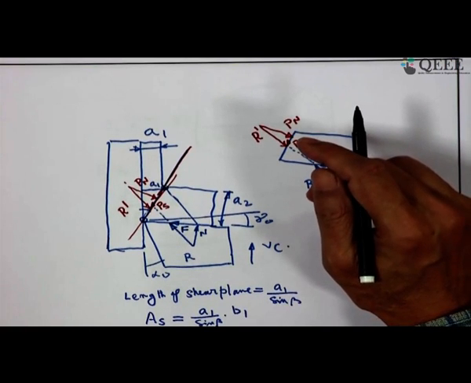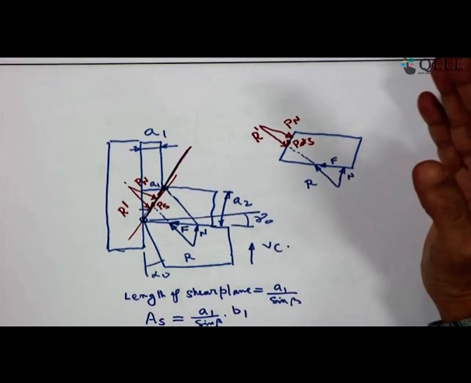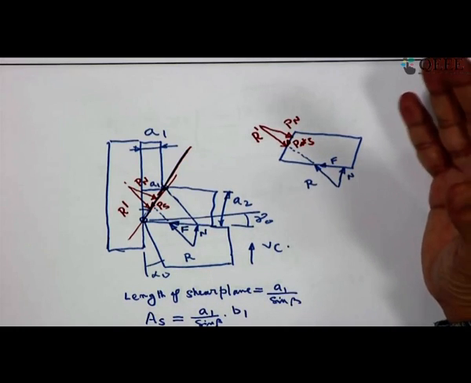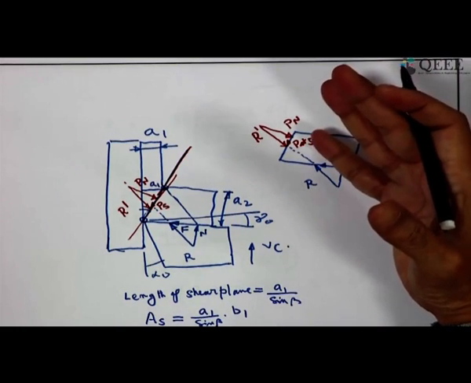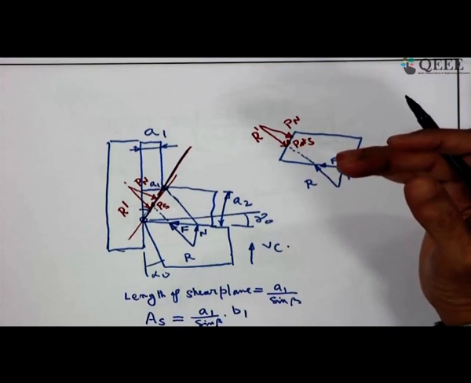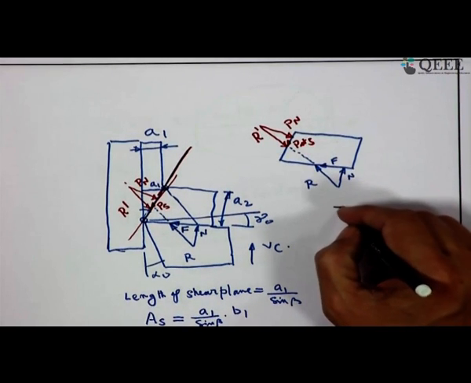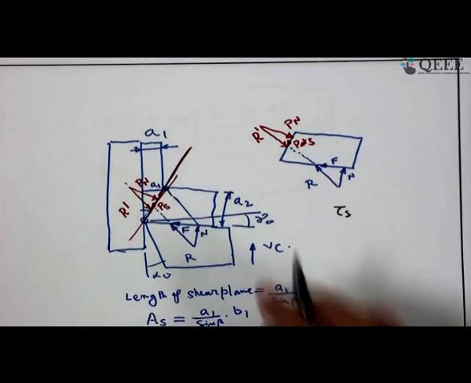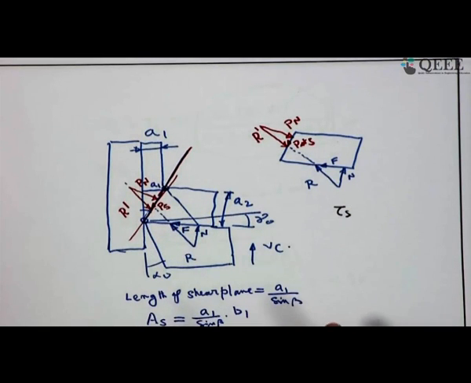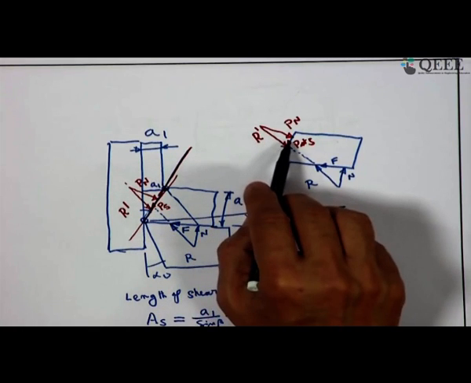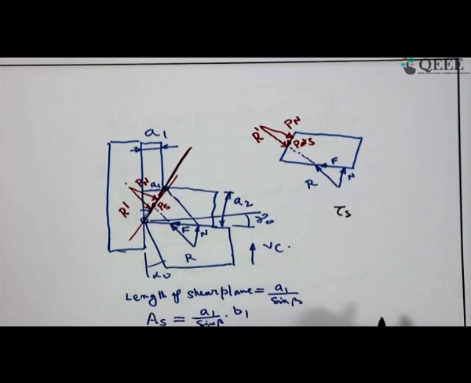That is the shear force arising out of the shear stress. But in this solution we assume that tau s is constant for the material. However, this may not always be true because of the presence of the normal force on the shear plane.